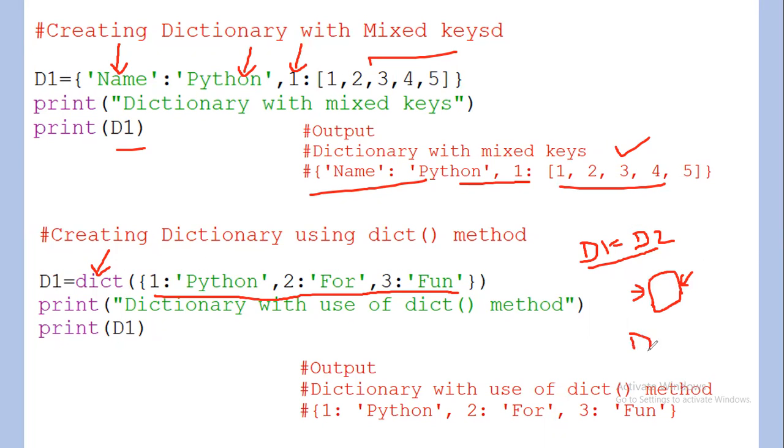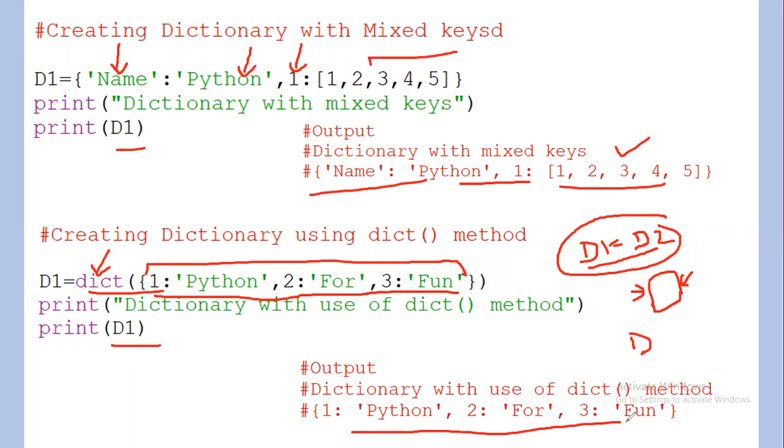But if I say D1 equal to dict of D2, it will create another block. The identity of D1 will be different from D2. That's the main difference between creating a duplicate reference to a dictionary and creating a dictionary using the dict method, right?